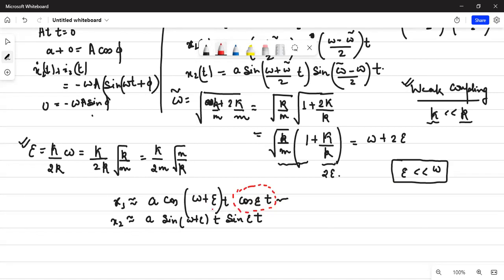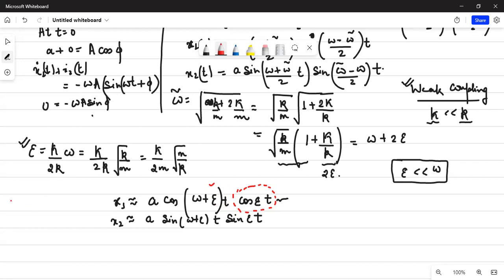This will be as if it is a constant, because if epsilon is tending to 0, cos 0 is almost equivalent to 1. Is that clear?